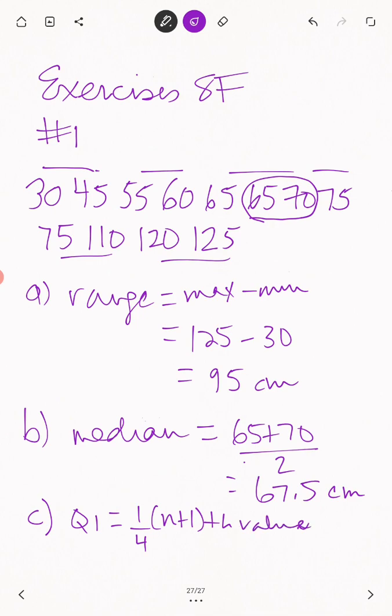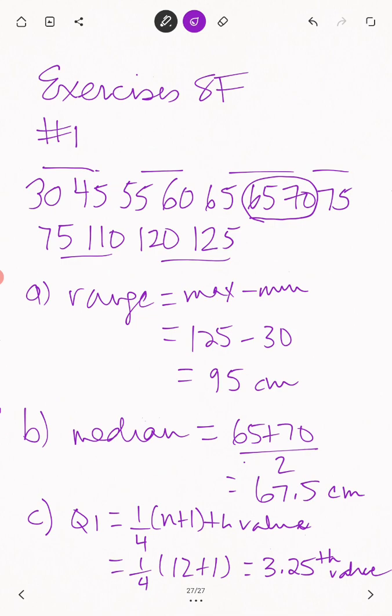So what that means is we just put in for n the number of data values, which is 12 in this case. And 1/4 of 13 comes to 3.25. So what that means is that Q1, the lower quartile, is found at the 3.25th value.